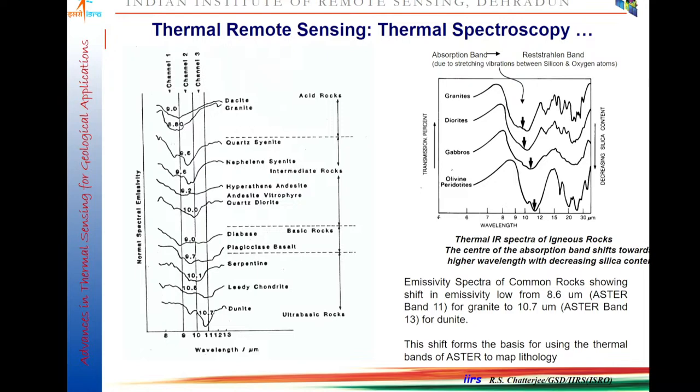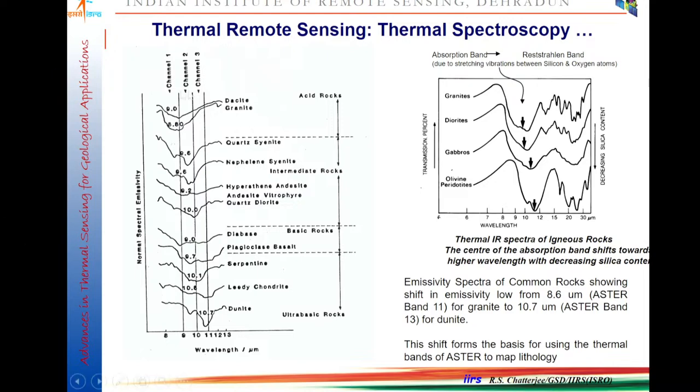Because geological materials are dominantly silicates, isn't it? So silicates have characteristic absorption peaks essentially in the thermal wavelength range. But we have not studied the silicates much in this thermal range. We have studied only the optical range, but in the optical range they do not have characteristic absorption peaks.